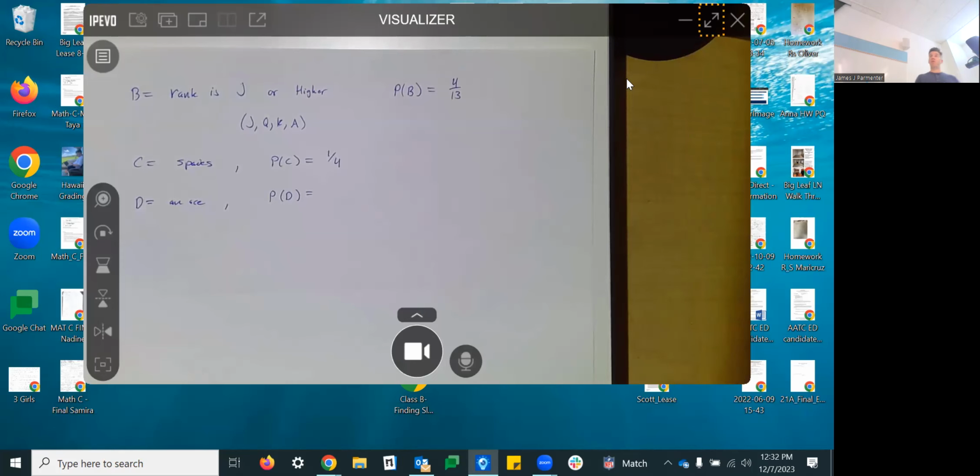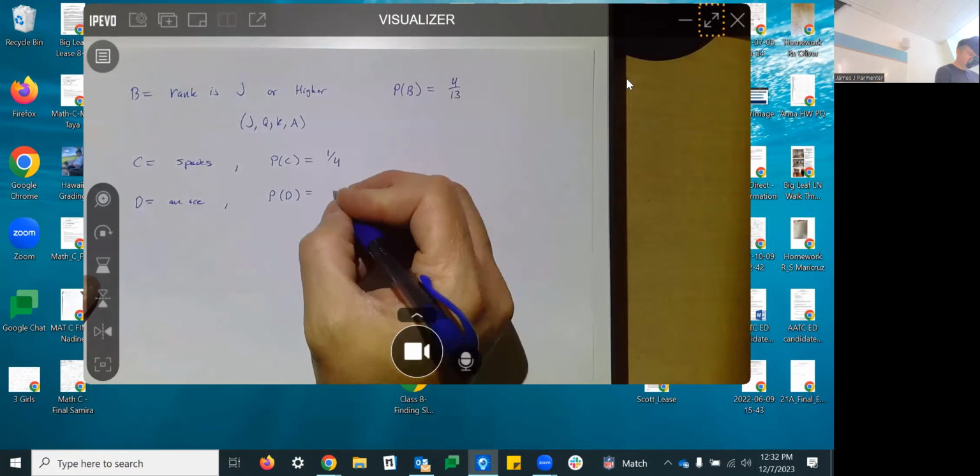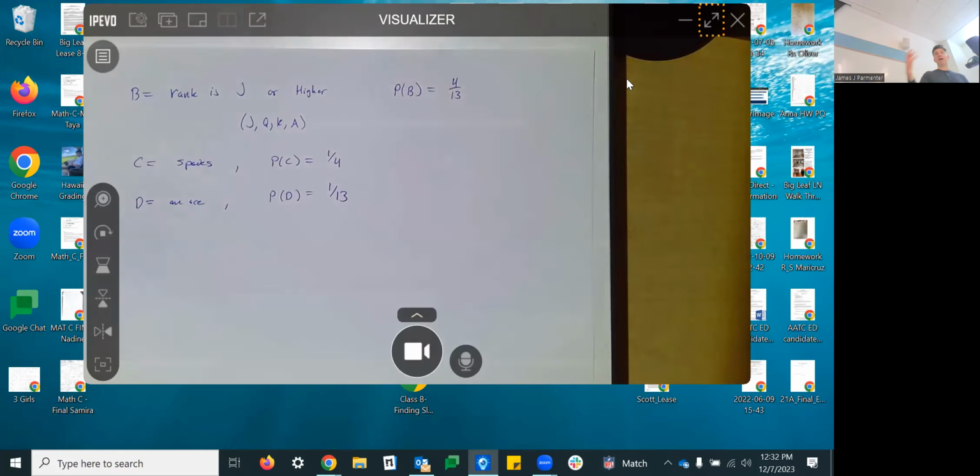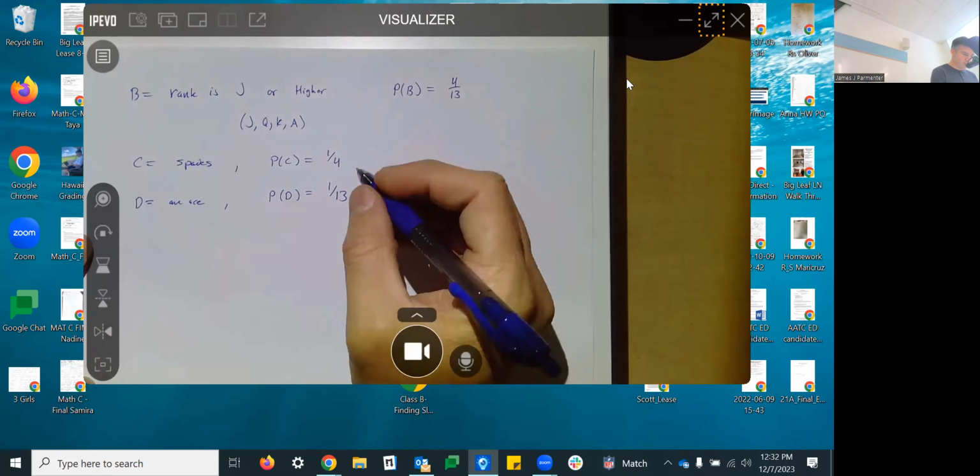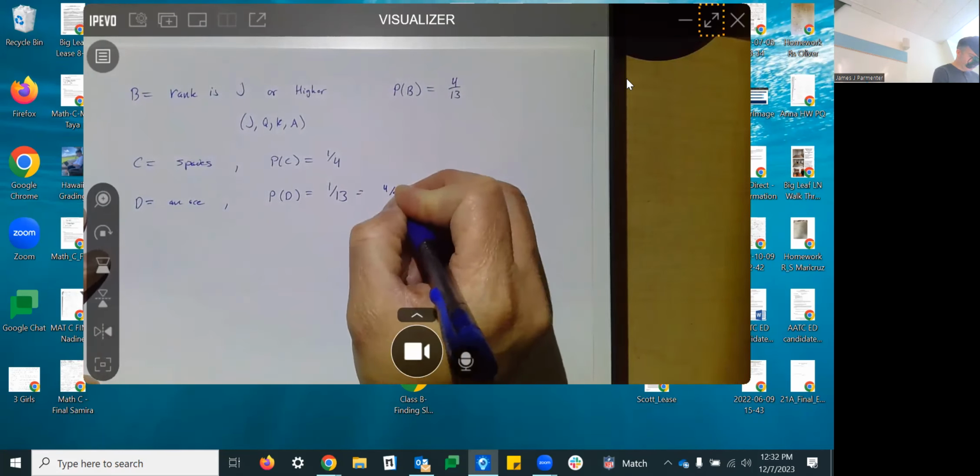Right? Because again, if we're talking about the rank of ace, there is one rank that includes all aces. It's all the aces, out of 13 ranks. Or it's 4 aces in the deck out of 52 cards total. Same number. Right? This is equal to 4 out of 52.